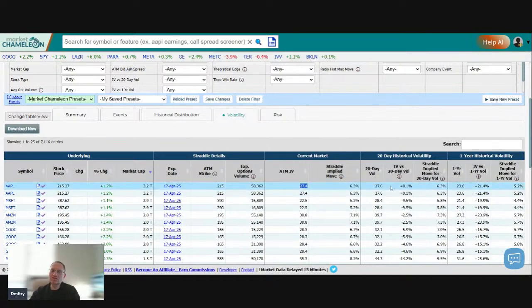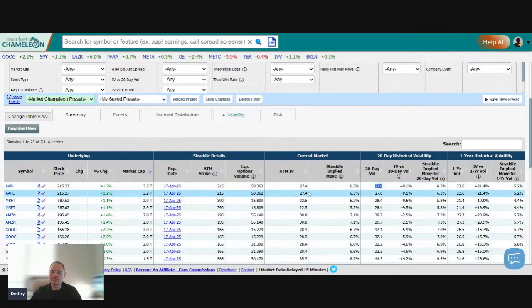So in the last 20 days, the volatility was 27.6. So you can see that the market's 27.4 is very close to the most recent history. The market is implying that going forward, between now and April 17th, the volatility will look similar to what we've seen in the last 20 days. Okay, so that's very close over here.